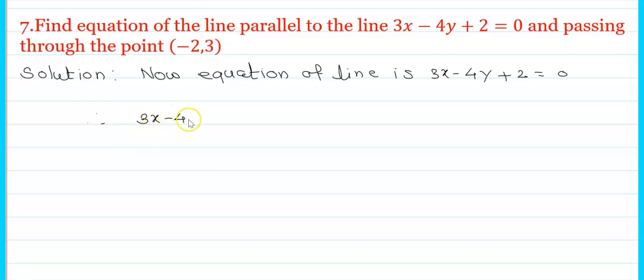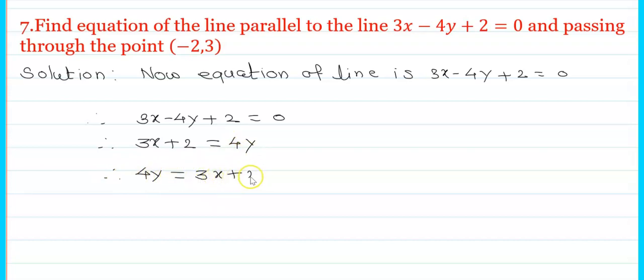It can be written as 3x plus 2 equals 4y. Therefore 4y equals 3x plus 2. Now divide on both sides by 4, then you will get y equals 3 by 4 x plus 2 by 4, and hence y equals 3 by 4 x plus 1 upon 2.